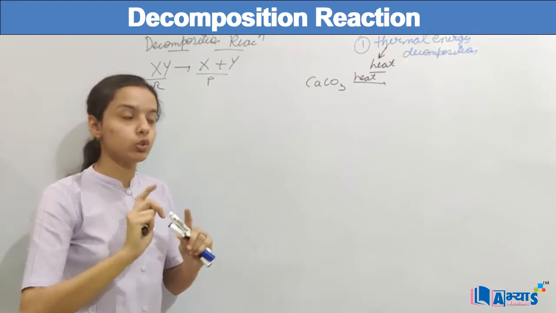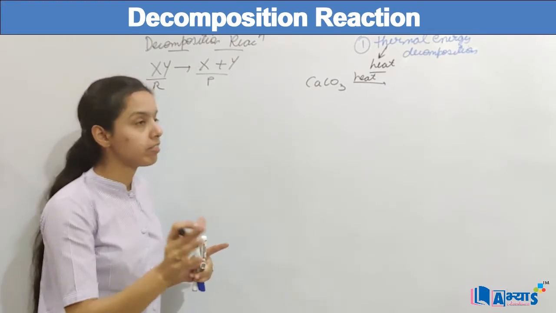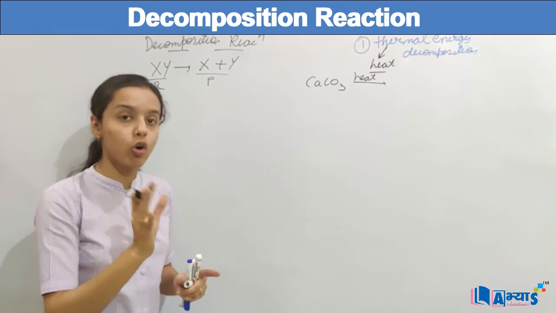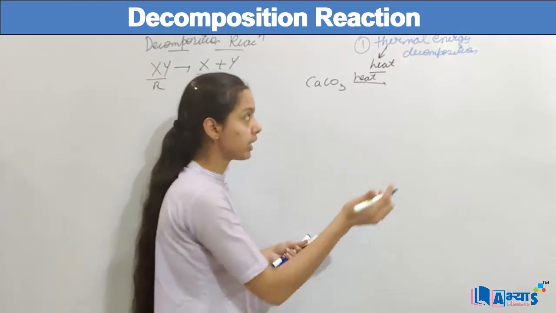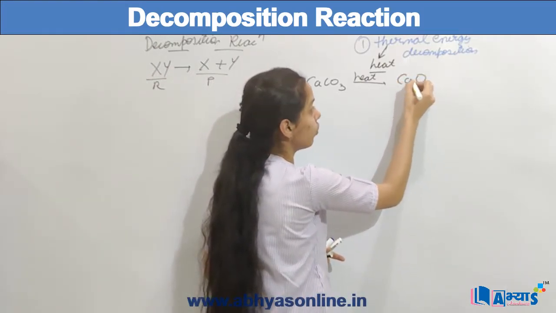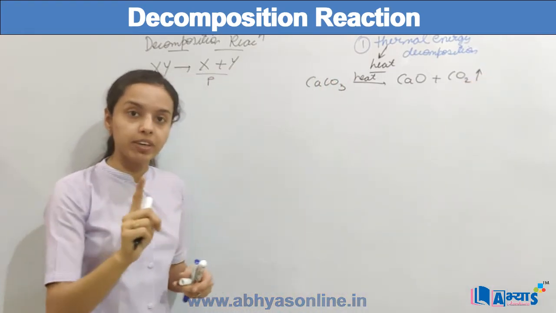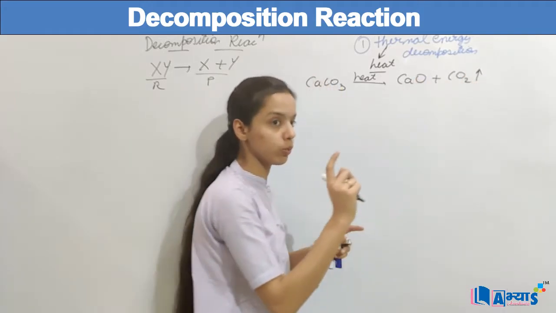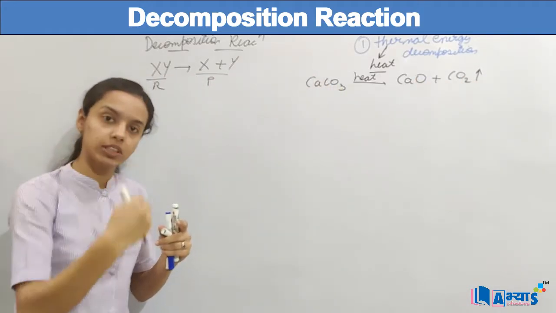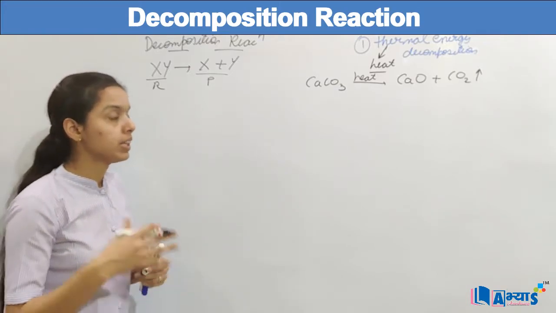Heat means you are doing this reaction in the presence of some external heat. Now when we are heating the calcium carbonate or the limestone, it will form quicklime. Quicklime means calcium oxide, that is CaO, plus gas, that is CO2. Every time whenever the gas is evolved, you have to show with an upward arrow, and precipitation will be shown with the downward arrow. So this is one example of thermal reaction.